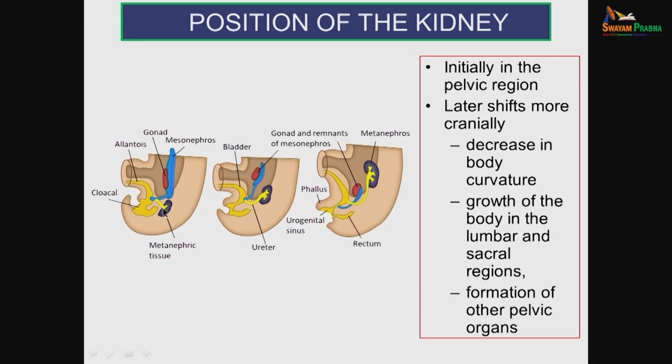It shifts more cranially, the reasons being: one, there is decrease in the body curvature. Two, there is growth of the body in the lumbar and sacral regions. And three, various pelvic organs are being formed at the same time, and hence the kidney ascends up to the lumbar region. So initially it is in the pelvic region, later it shifts more cranially.